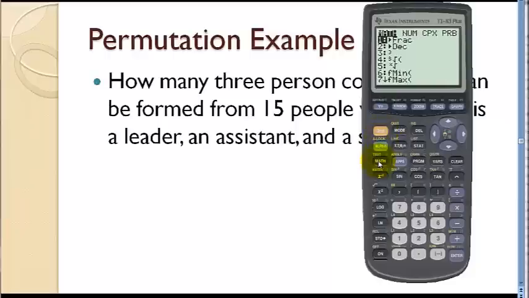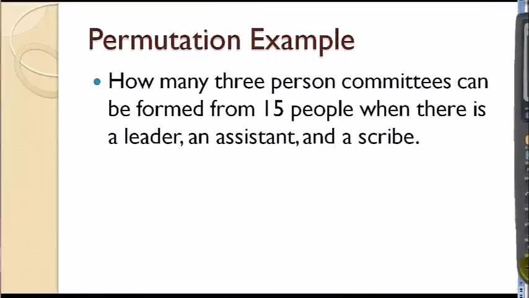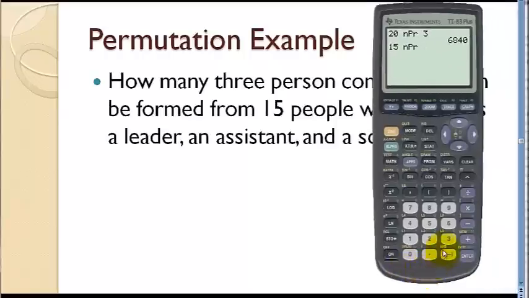So we need the math button again, go to the probability menu, select item 2, and now we're selecting 3 people, 3-person committees. So let's put the 3 in there. So there would be 2,730 different committees that could be formed.